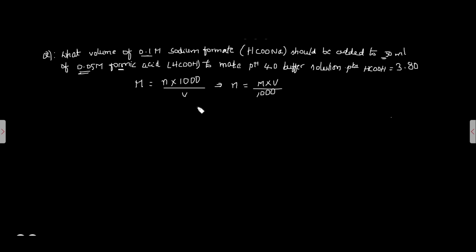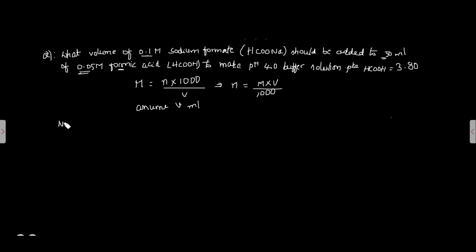So what you have to find out here is the volume of 0.1 molar sodium formate. You can assume it as V mL, which is to be added. So you need to calculate in a mixture. What is the mixture here? Acidic buffer, sodium formate and formic acid.